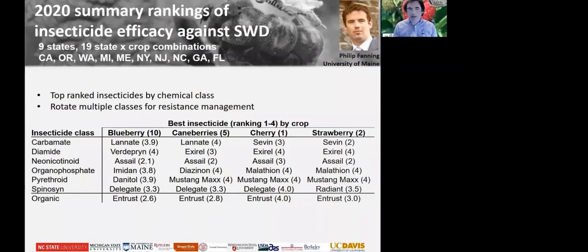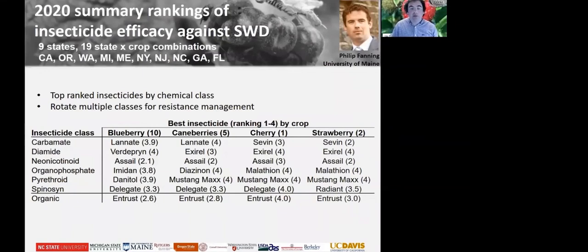I'm not going to go through all this list, but you can see here if you were choosing a spray program based on the top ranked efficacy in terms of these products, you would choose the collection of these and rotate them for your insecticide program for the season.